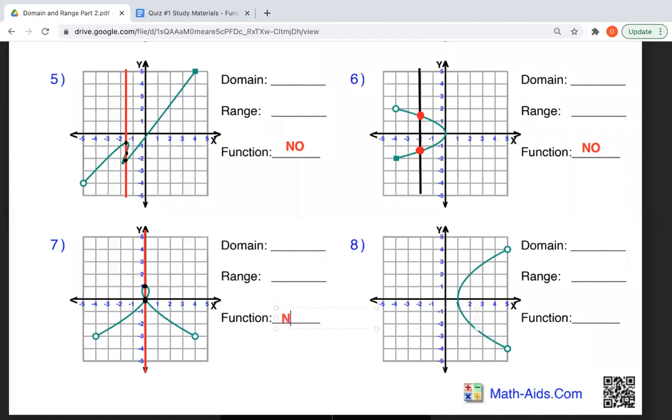So that's a no. And for 8, if I draw a vertical line, let's say here, it passes through my graph here and here. So 5, 6, 7, and 8 should all not be functions. Now that we've looked at why they're not functions, we can determine the domain and range. Put these no's back in.